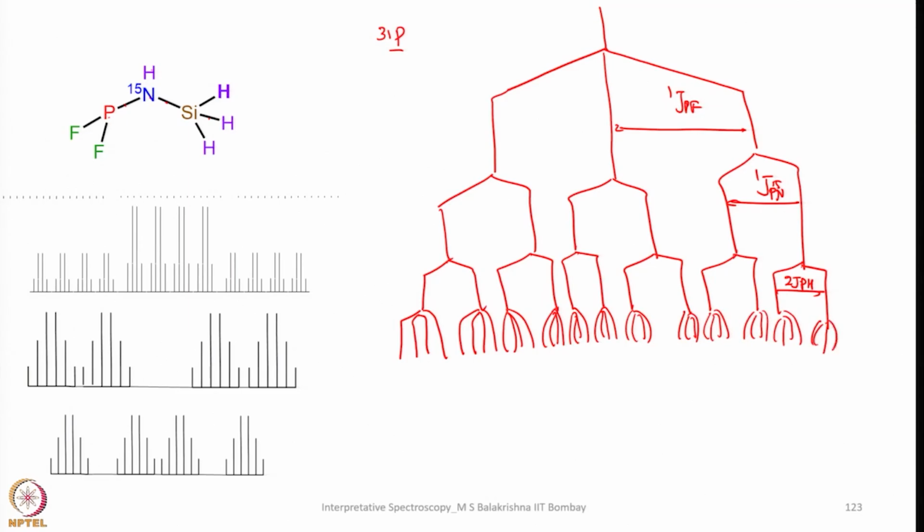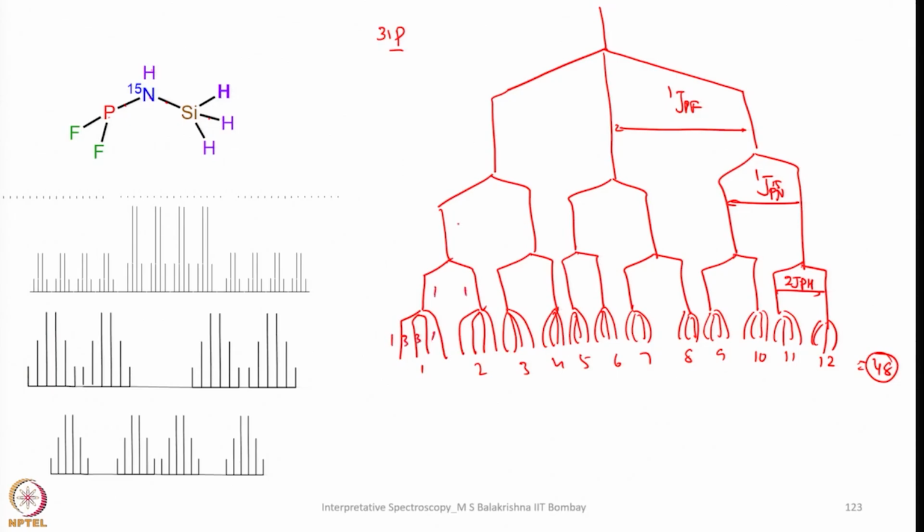So, this many lines will be there. If you count 1, 2, 3, 4, 5, 6, 7, 8, 9, 10, 11, 12, then 12 into 4, 48 lines will be there. And then the intensity should be maintained, with 1:3:3:1 for the quartet.